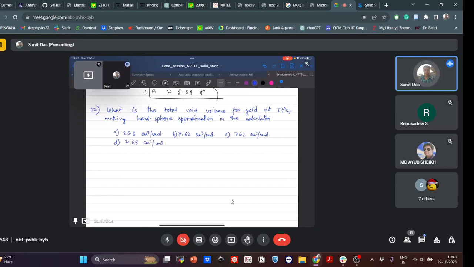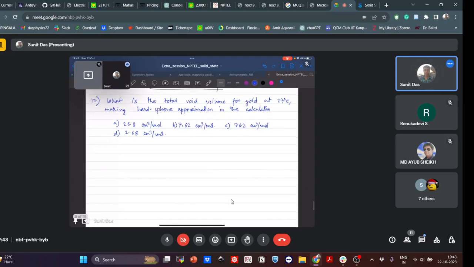So what is the total void volume? Void means there are no atoms in that volume, for gold at 27 degrees Celsius, making the hard sphere approximation in the calculation. Okay, so for context, gold is again FCC structure. Okay.